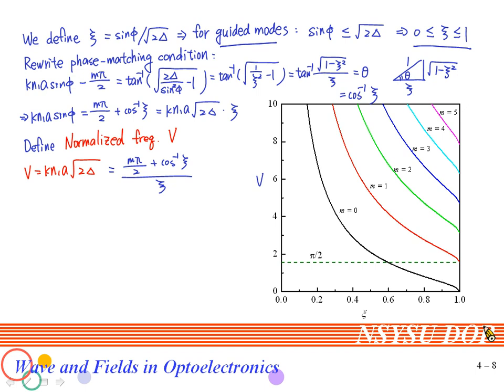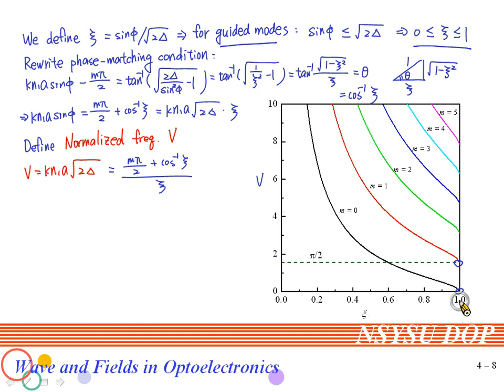This means that for m0 mode, it will appear as the normalized frequency is 0. And for m1 mode, it will appear as the normalized frequency is at this value. What will be this value?